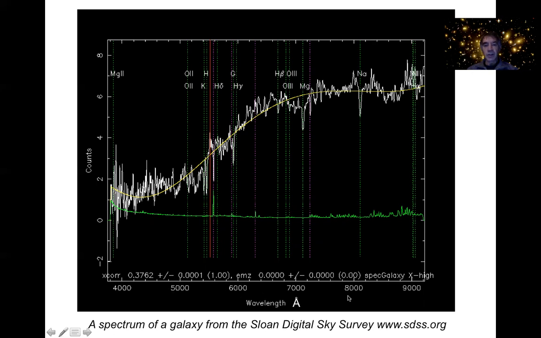So this is the optical spectrum range as usual. But you will see lines that are normally at the blue end, like H beta here. H beta is normally down here at 4,800-ish angstroms, and is redshifted all the way up here to the red end of the optical.